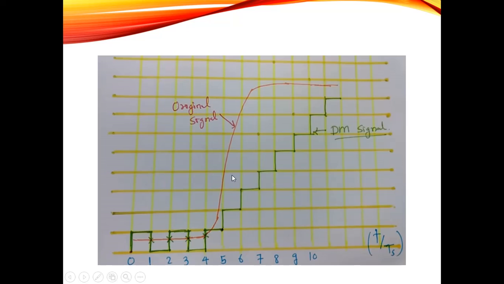This red line indicates the original signal and this green line indicates the delta modulation signal. Now, if we observe the signal starting from zero, this is the original signal, called the input signal, which gets sampled, and if the input signal is greater than the sampled signal, then the produced output is plus delta step size. At this point, the input signal is less than the samples, so the output is minus delta step size.